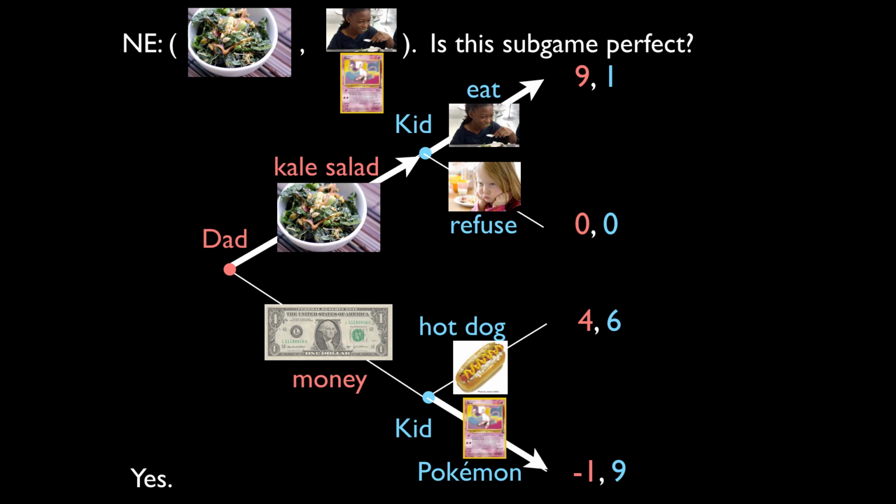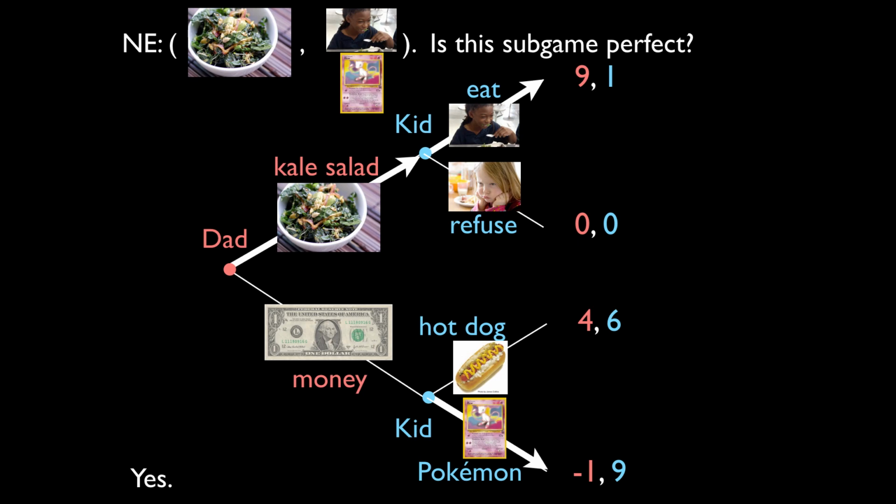Will there be a way to differentiate the two? Because we have the Nash equilibrium and we have the subgame perfect one. For backward induction, don't you usually just get heat and kale salad?